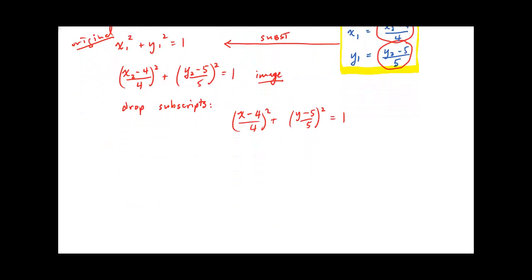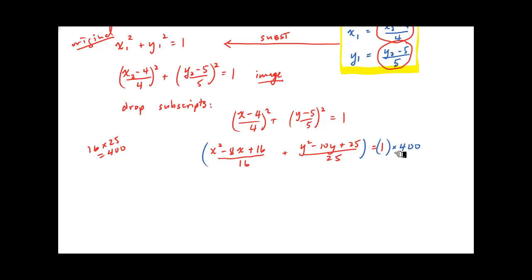I think it would be nice to simplify that equation a little bit. So that is going to be (x squared minus 8x plus 16) over 16, and we'll have (y squared minus 10y plus 25) over 25 equals 1. Now we don't like those denominators of 16 and 25, and if you just notice that 16 multiplied by 25 is equal to 400, then what we can do to get rid of those denominators is multiply both sides of the equation by the same thing, 400.